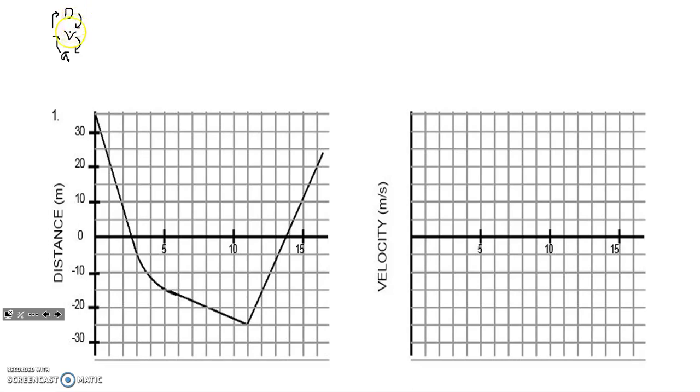Today we're just going from distance to velocity, so we're going to be looking at the slope of everything. Another way we can look at it is this: curves will always go to diagonals. Diagonals will go to flat lines. Flat lines will always go to being a flat line along the x-axis.